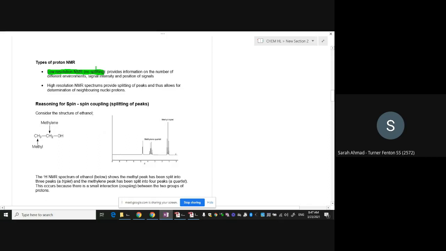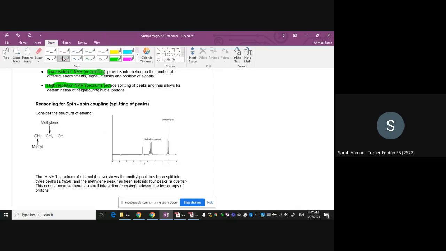You can suspect it, but the splitting confirms this is the way it's distributed, okay? So we in HL do high resolution NMR. And the NMR that we're looking at is proton NMR, the splitting of proton nuclei. We looked at ethanol's NMR earlier to identify the environments.